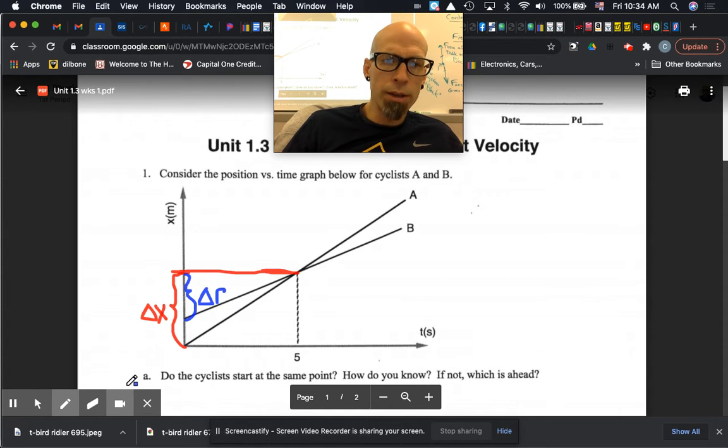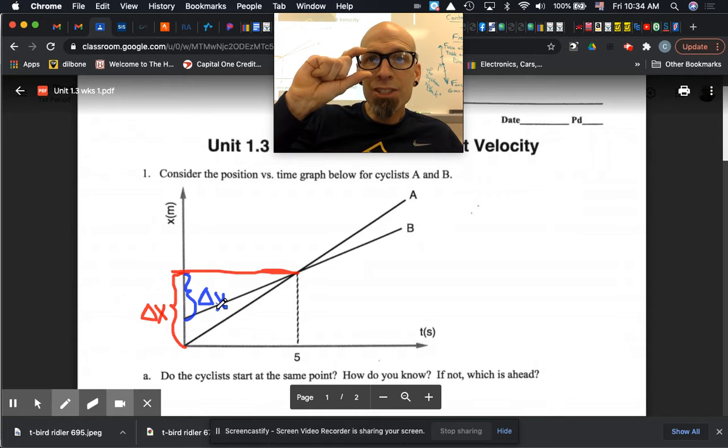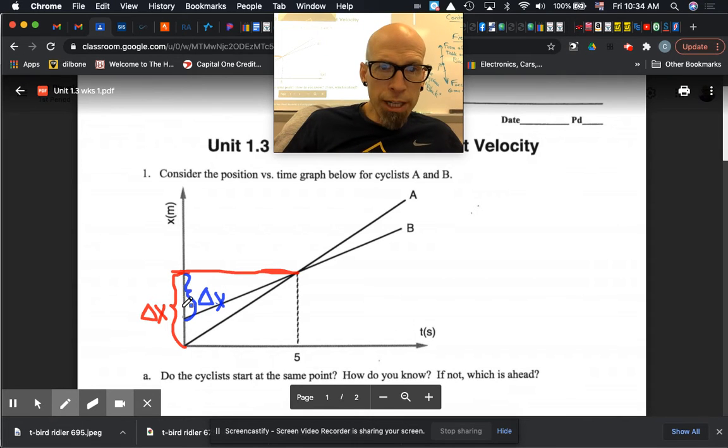Back to the pen. B's delta X is short. So B only changed positions by this much. A changed positions by that much. That's way different. Do you see? A had much more change in position in the same 5 seconds than B did.